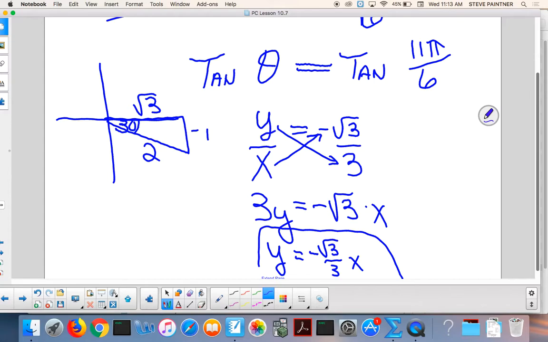Because it's the GCF. Well, it's part of this 3 r cosine.